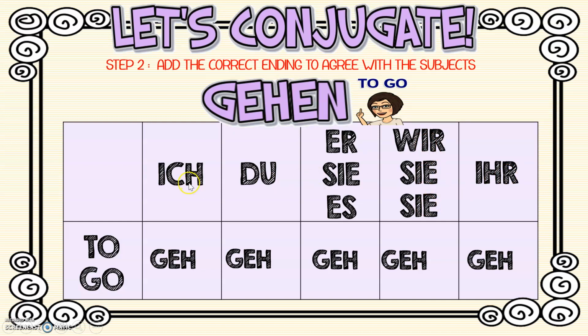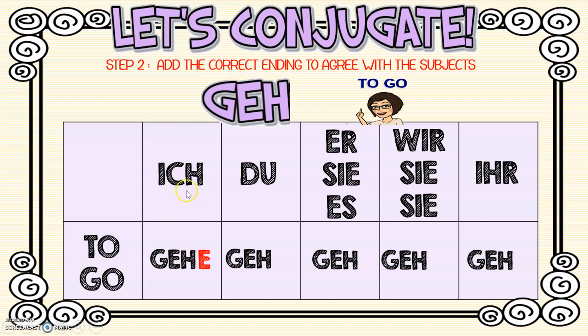So these will always conjugate the same, and these will always conjugate the same. So here we have our infinitive verb. We know it's infinitive because it has an en ending. So what was step 1? Step 1 was to take the en off. Now we're going to add our ending so that we have subject-verb agreement.